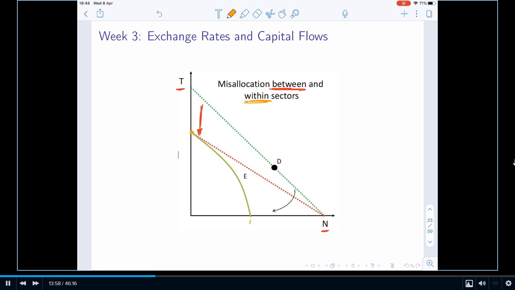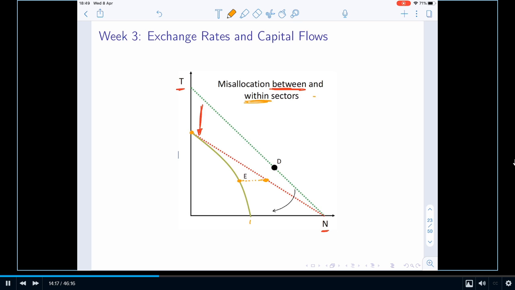So what does it say? It says when you put some resources into non-tradable output, the output that you get from the non-tradable sector is now lower than it would have been otherwise, before the within sector misallocation in the non-tradable sector.